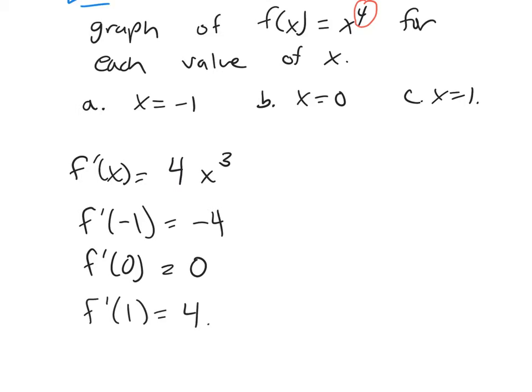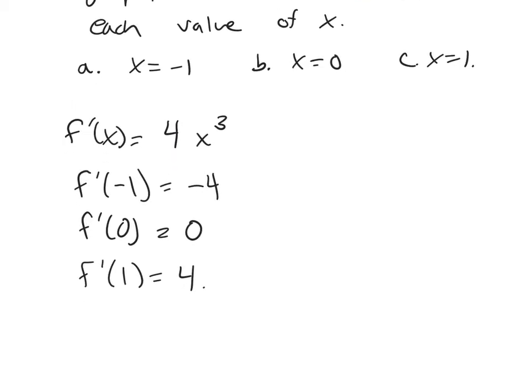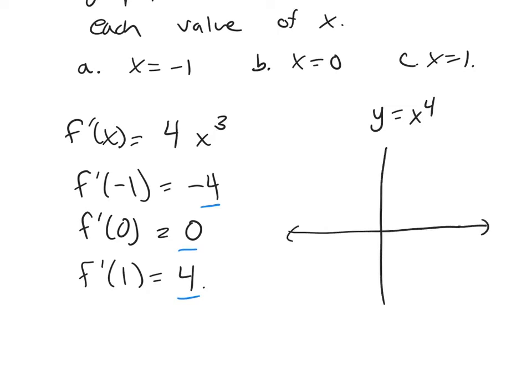Now, if you wanted to, you could verify that these answers make sense by looking at the graph of your function. So if I graphed y equals x to the 4th here, and I'm just going to try to roughly sketch this for you if I can. Looks like this.